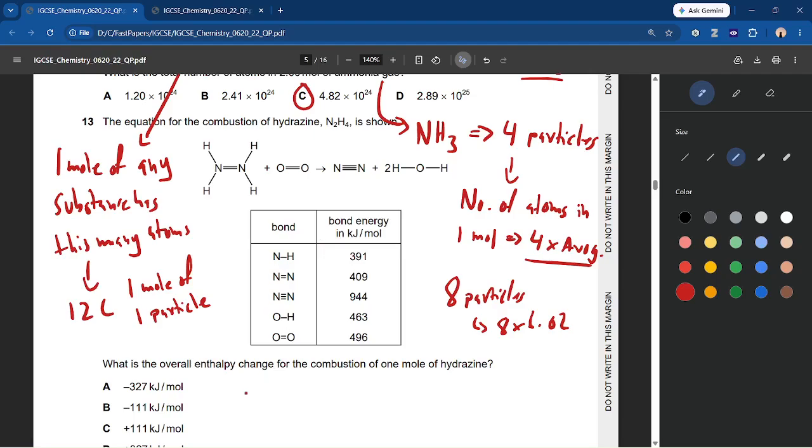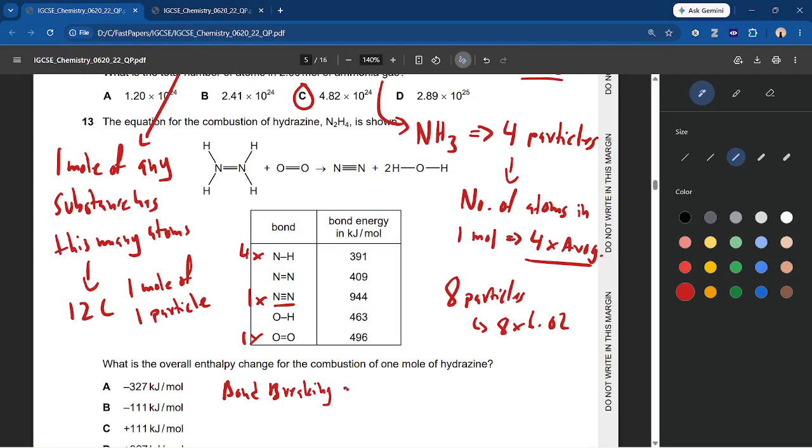All right, so this is very simple. Let's figure out bond breaking. So the bonds that are breaking are 1 nitrogen triple bond, you're breaking 4 nitrogen hydrogen, and you're breaking 1 oxygen oxygen.